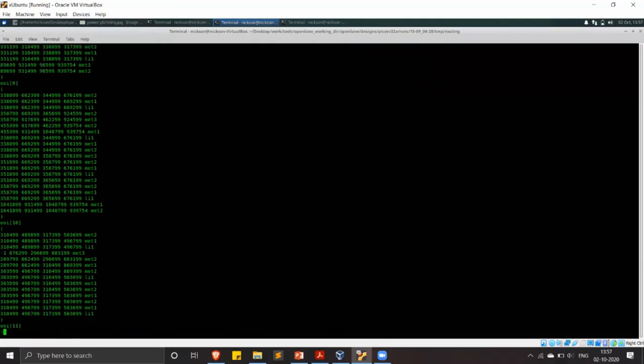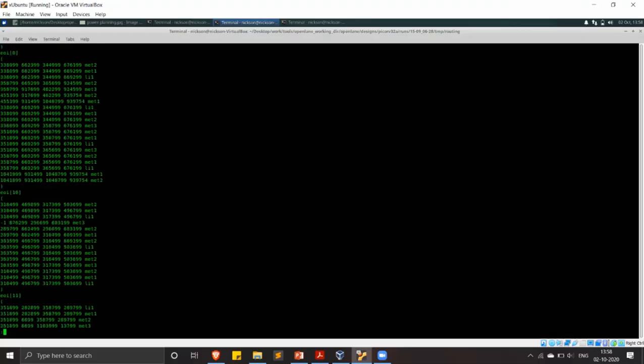So these are all nets. EOI is a net, and then there is this metal 1, metal 2, and rectangles associated with it. So what you see are the lower left x coordinate, lower left y coordinate, upper right x coordinate, upper right y coordinate. So this was what I was talking about. This is a routing guide.